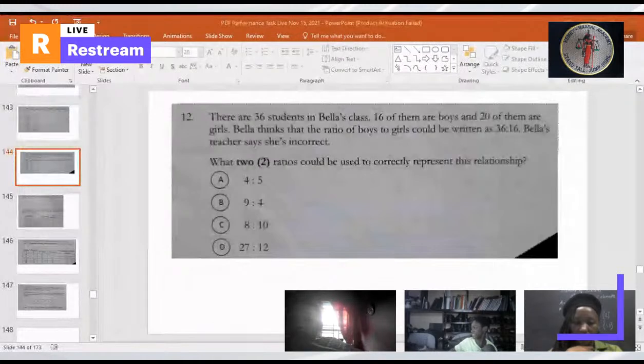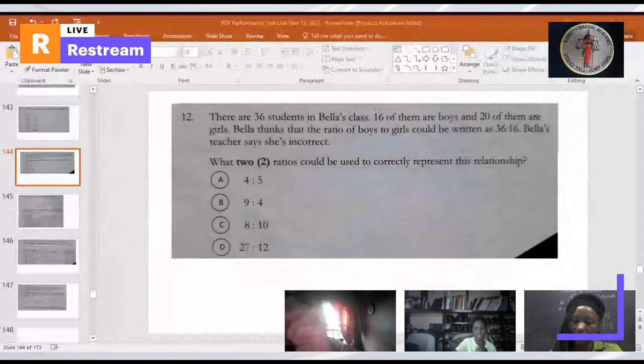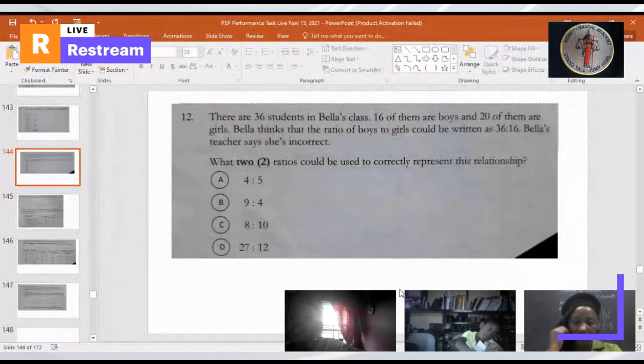Read again, Alyssa. There are 36 students in Bella's class. 16 of them are boys and 20 of them are girls. Bella thinks that the ratio of boys to girls could be written as 36 to 16. Miss, how do you read it again? We read the colon as "to": 36 to 16.